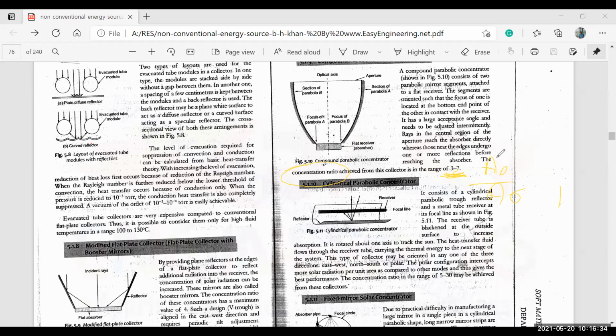This means aperture area, you could say aperture area means this part.